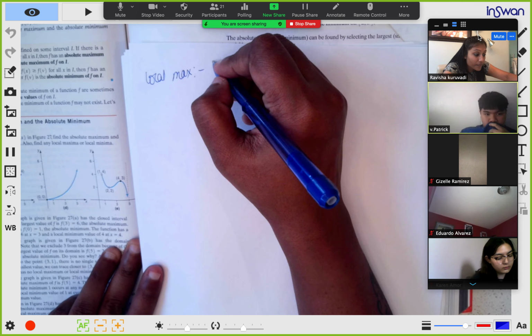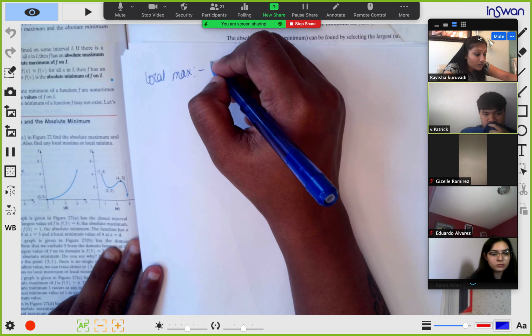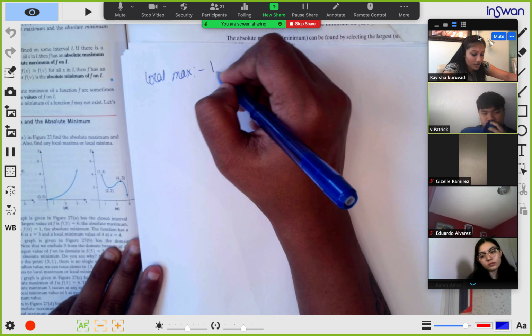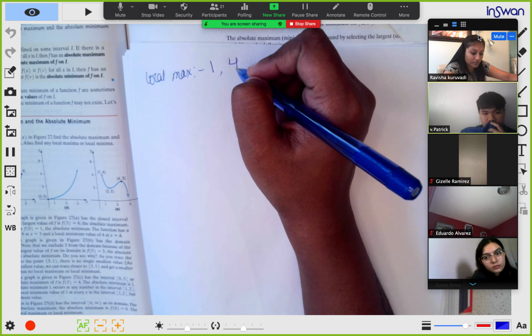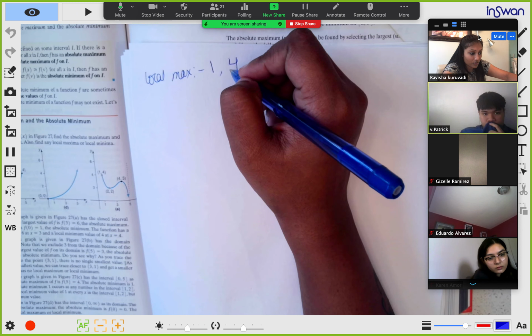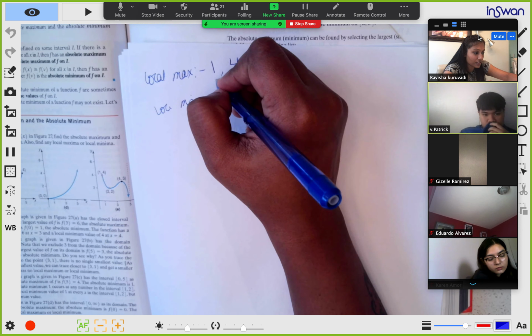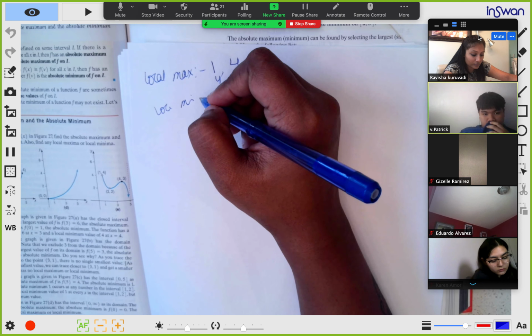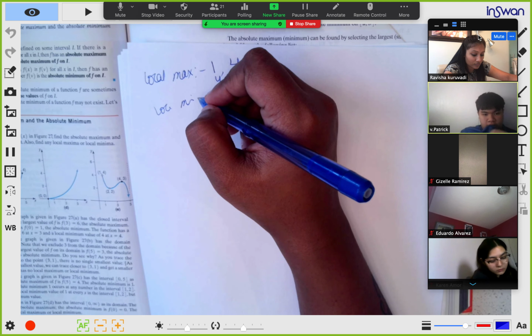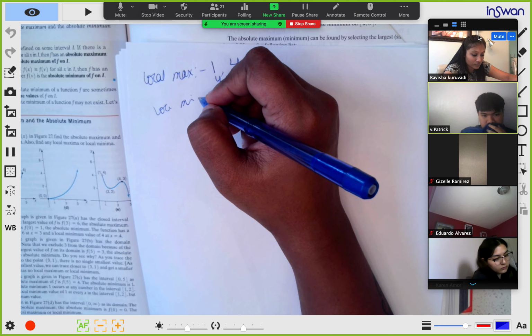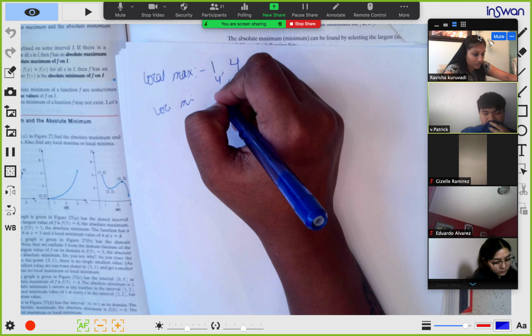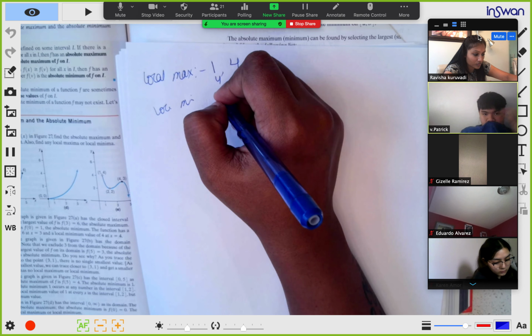Local max will be 1 and 4. Okay. The value will be 4 and 3. And what's local minimum? The local minimum will be 3 and 2. Then the value will be 2.